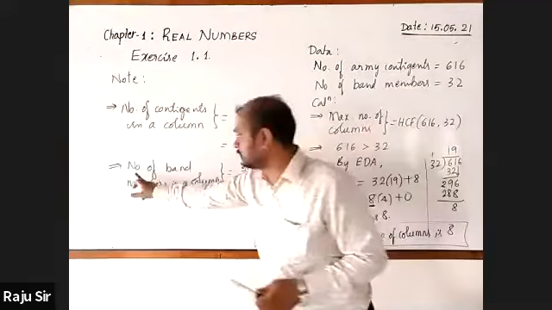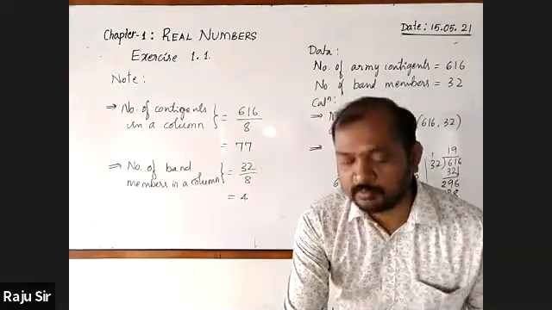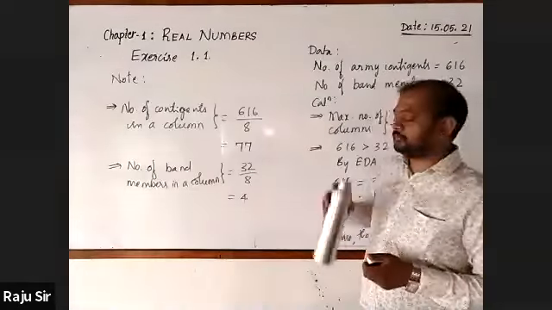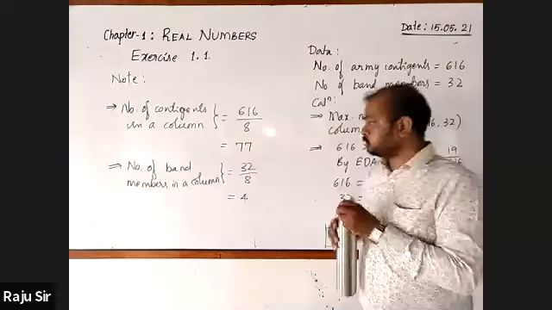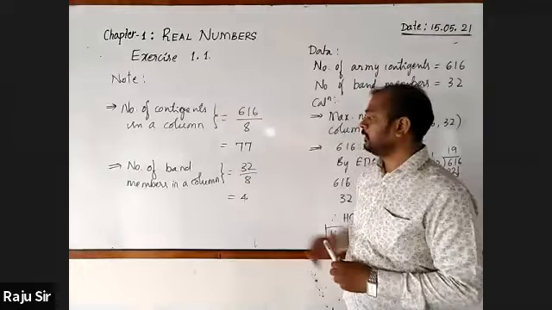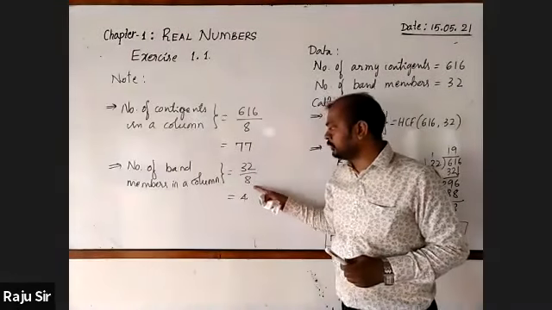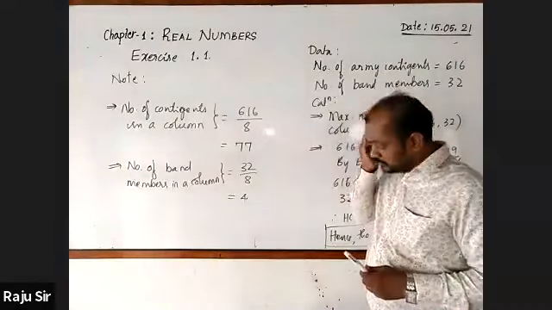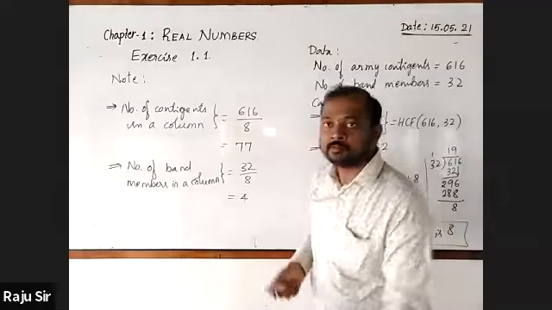And the second one also: number of band members in each column, that is 32 by 8, which is equal to 4.